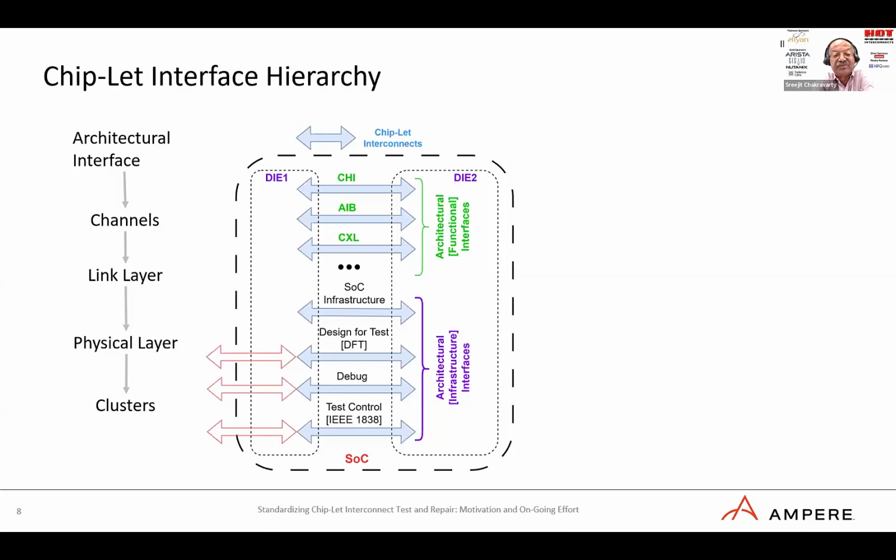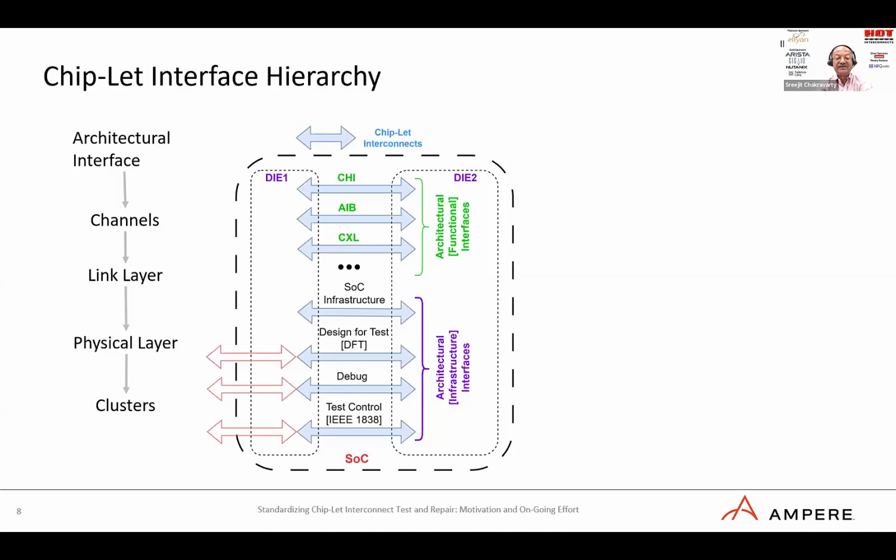Then you have the next bunch, which is for design for test. At the end of the day, once you have assembled all of these, the test stimuli has to be applied from an external source, and you need interconnects to transfer the test data, in this case into die 1 and die 2.